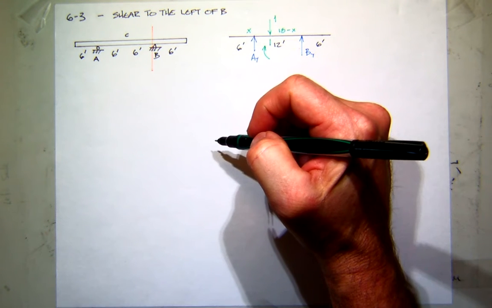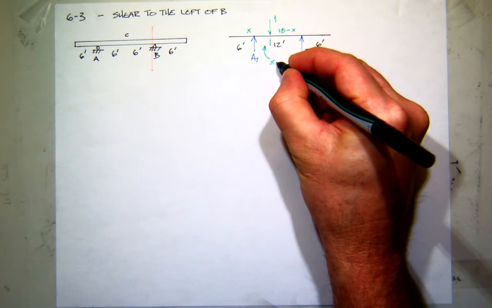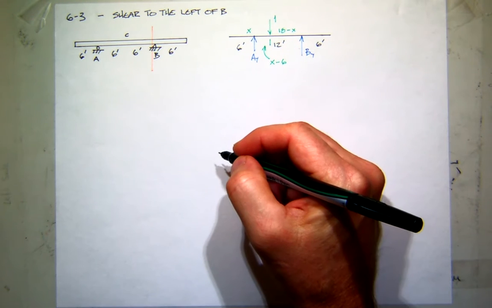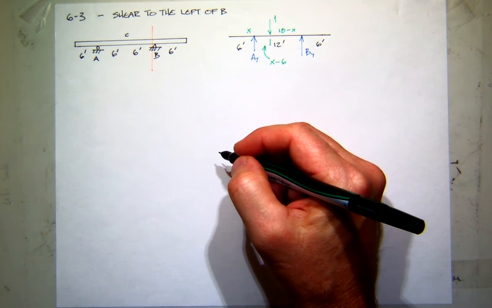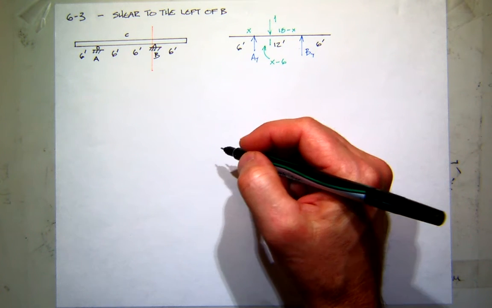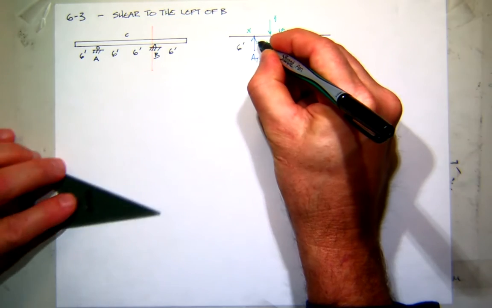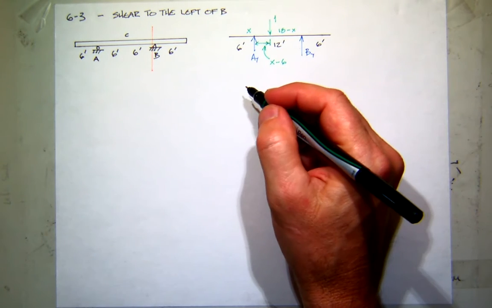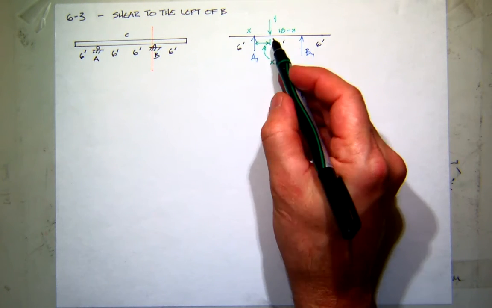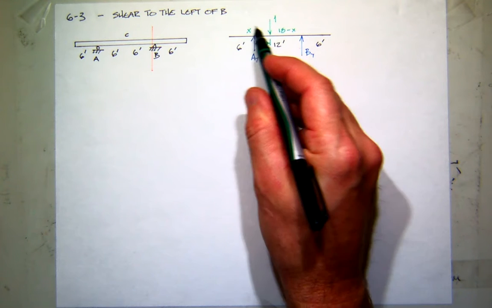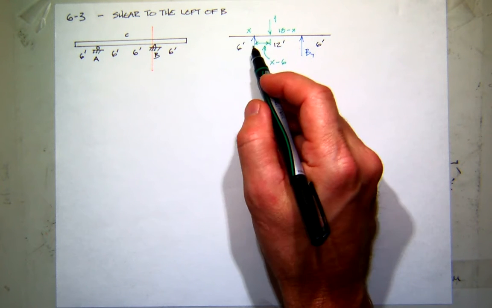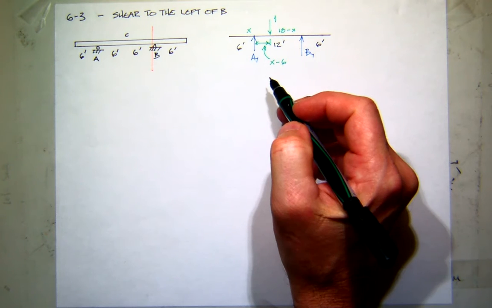You shouldn't make it too hard. It's just simple geometry. Stuff's got to add up, right? I want this point right here. I know that's a distance x from the left. I know this is 6, so it's got to be the difference, x minus 6.